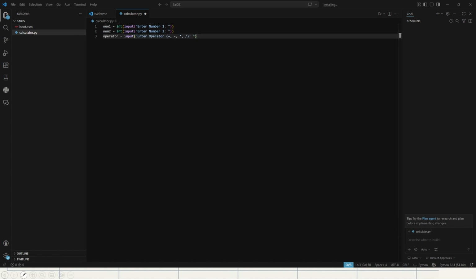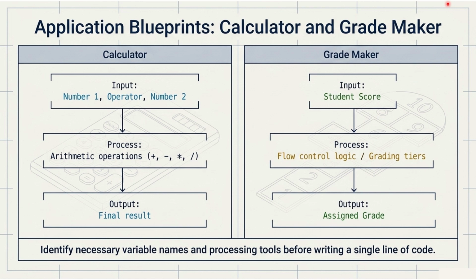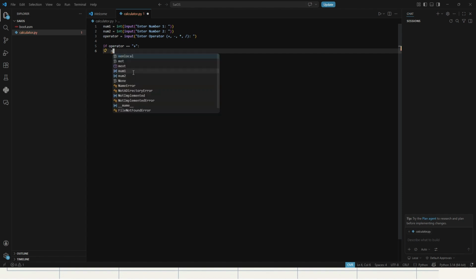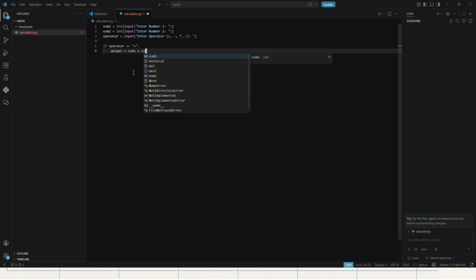After we enter the operator, next we need to process the operators. If the operator is plus, then answer is equal to num1 plus num2.